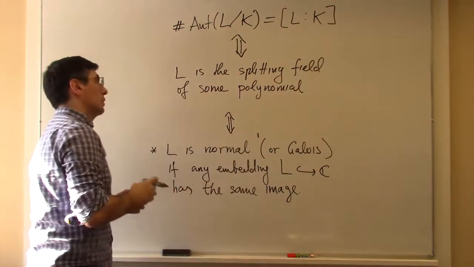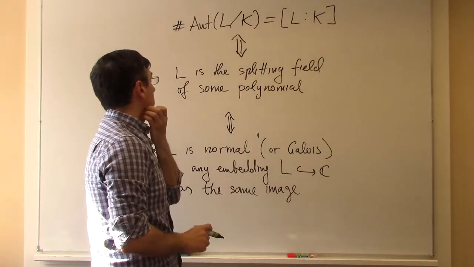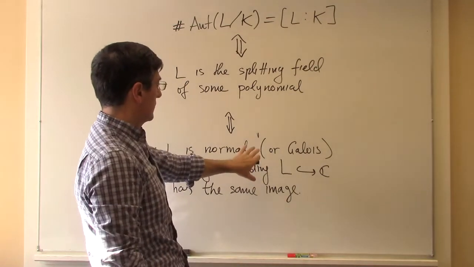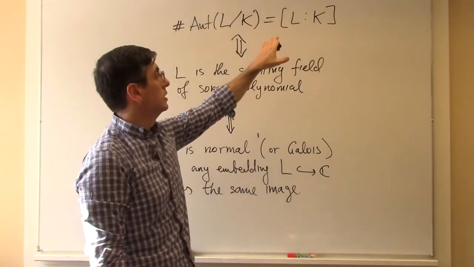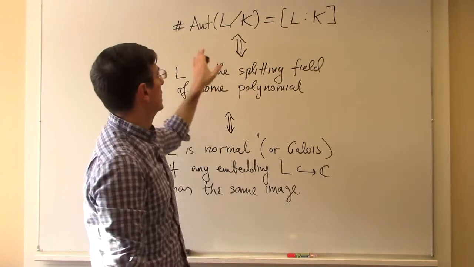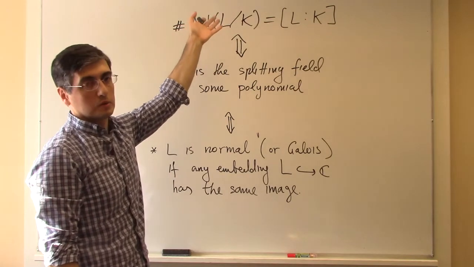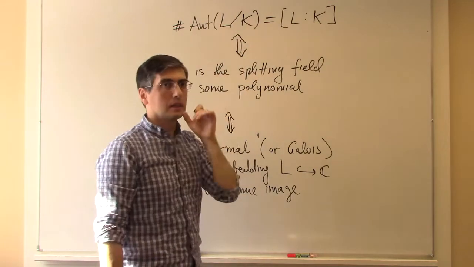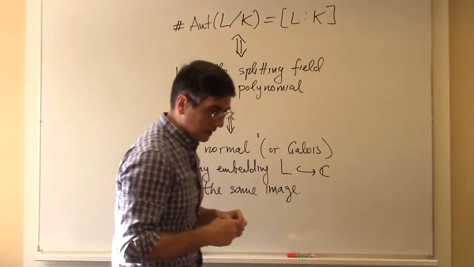So this is part of Galois theory. It's not a difficult fact to prove, because the fact that you're assuming that your irreducible polynomial has all its roots inside of L, then all these embeddings correspond to choosing one of the roots, and then the embeddings are just the automorphism group. They are identified with the automorphism group, so you get this equality. The number of automorphisms has to be the degree. All right.